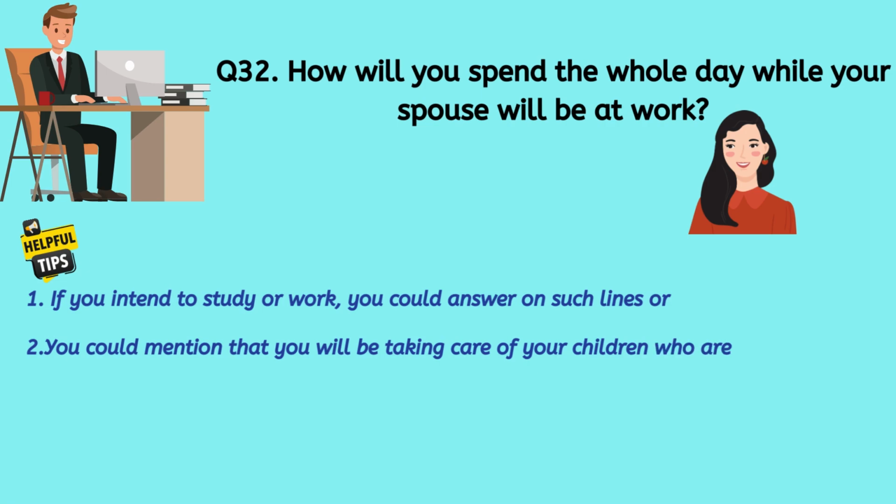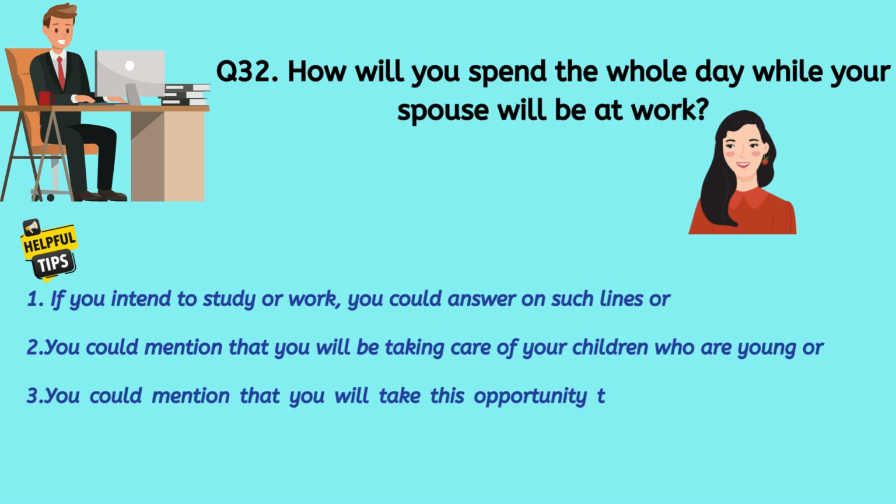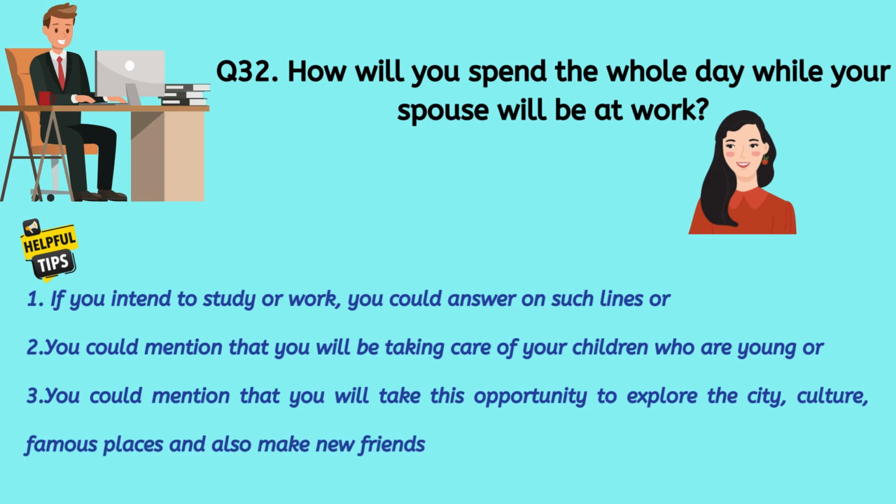Or you could mention that you will be taking care of your children who are young. Or you could mention that you will take this opportunity to explore the city and famous places and also make new friends. So please prepare some answers which are personal to you, which are genuine, which are important and are relevant to your specific situation.